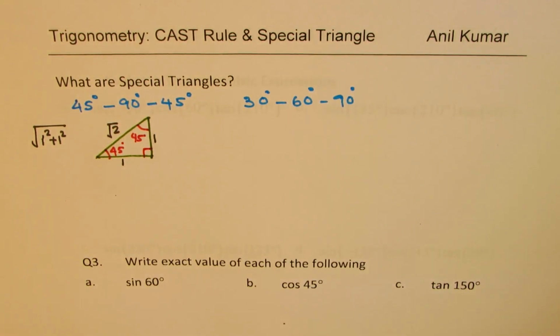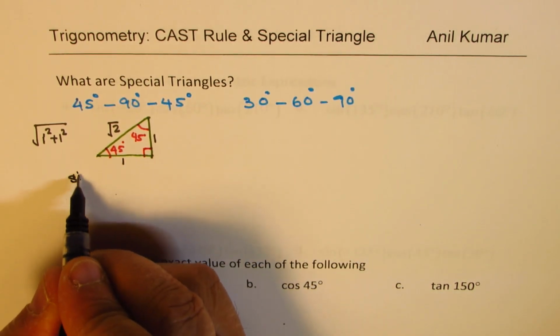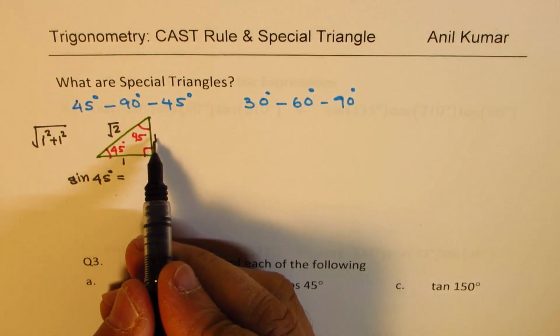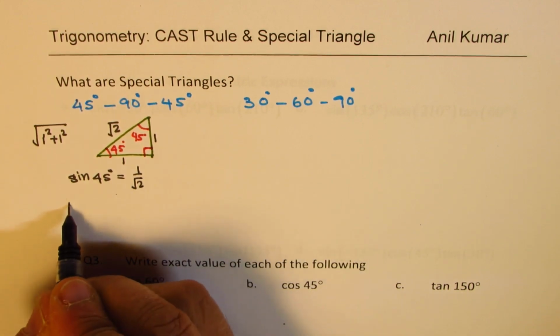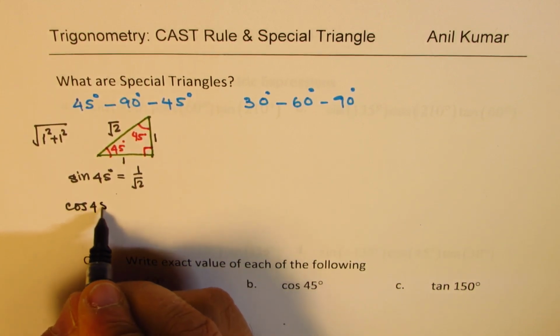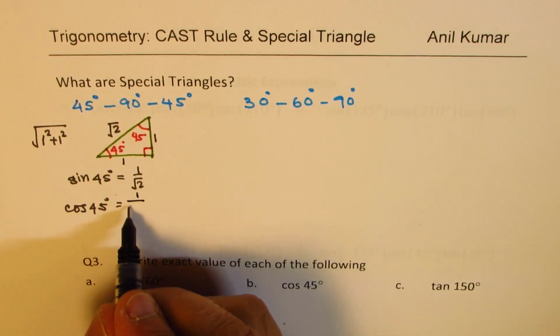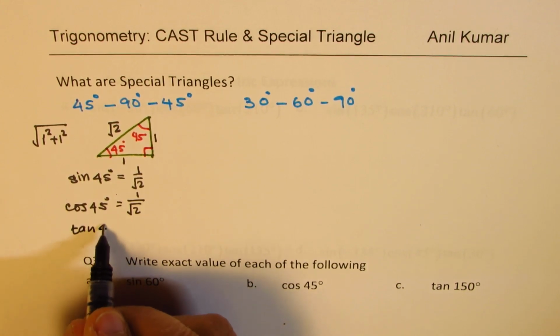Now, looking at the side from 45 degrees, what is sine of 45 degrees? Sine of 45 degrees will be opposite over hypotenuse, which is 1 over square root 2. And what is cos of 45 degrees? Well, cos of 45 degrees is 1 over square root 2, which is adjacent over hypotenuse. And what is tan of 45 degrees?